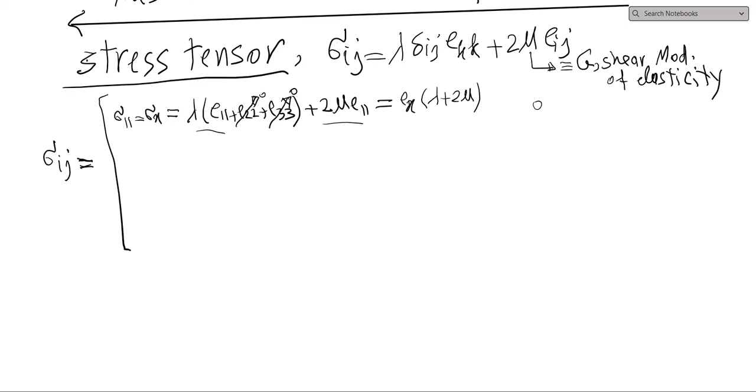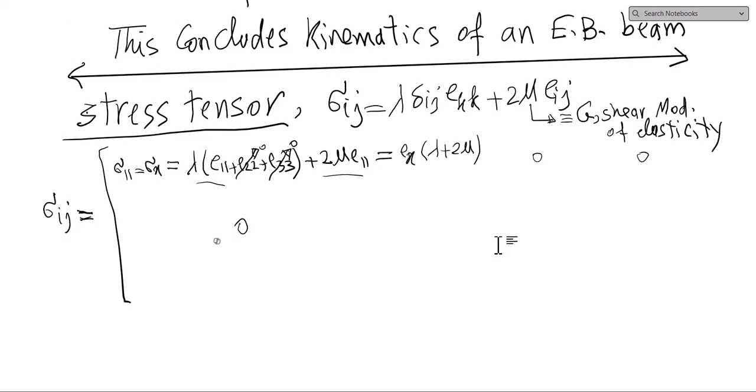E12 is 0. If you calculate it, E13 is 0 because shear is 0. It is symmetric, but I write it here, is 0, but be careful. E22 is not 0. Sorry, sigma 22 is not 0, although E22 is 0. That's a very interesting conclusion here. And that is exactly the result of this term.